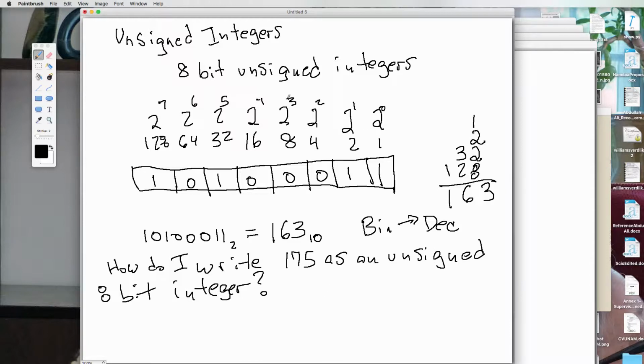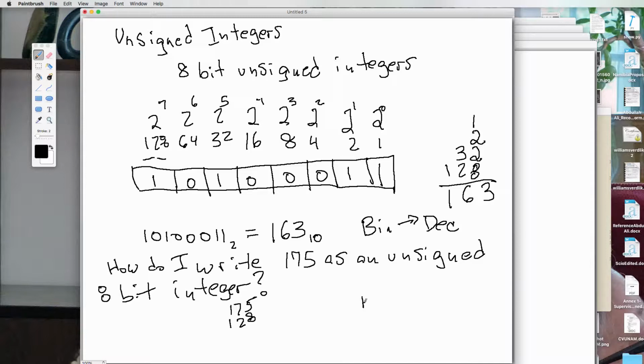Well, actually this table that I've drawn up here can help me do that. I've got 175, and I can see that 175 is going to contain 128 in it.